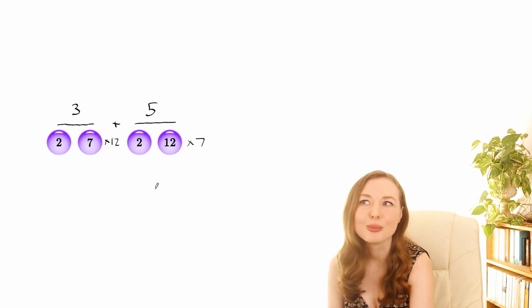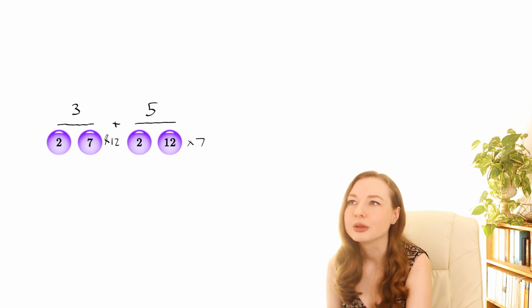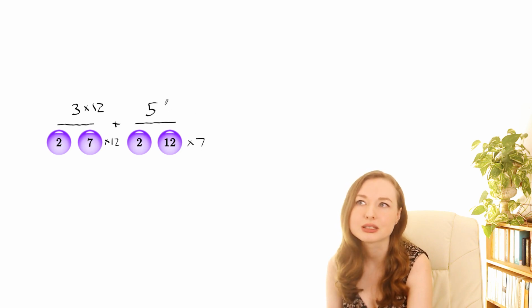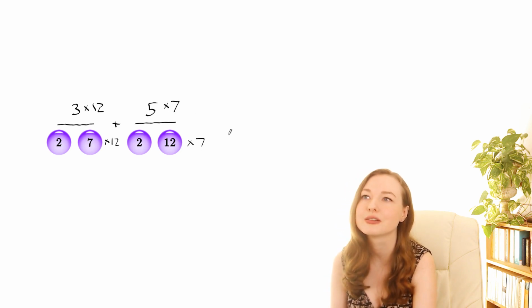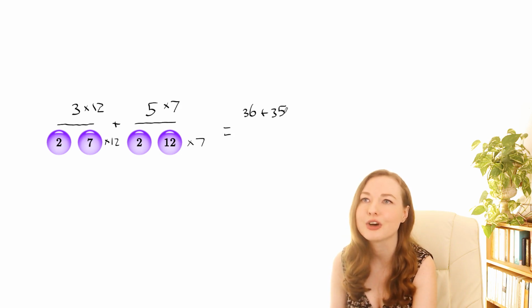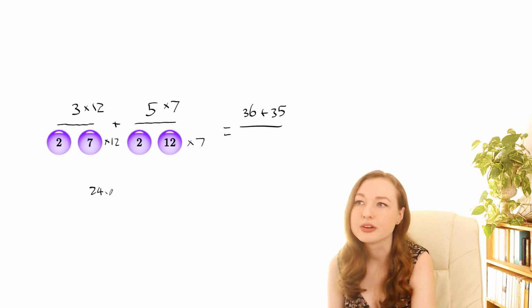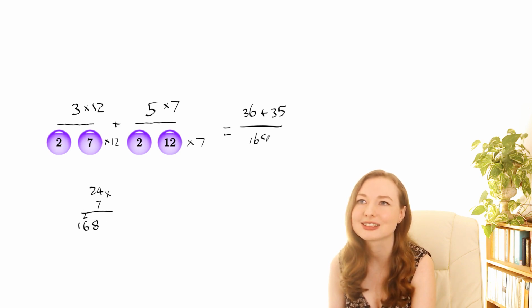So that gives it a common denominator. Now if I've multiplied the bottom by 12 here, I've got to multiply the top by 12 as well, and same thing over here, we've multiplied by 7, so I've got to multiply the top by 7 as well. So that gives us 36 plus 35 over, and then here we've got 24 by 7, which is 168.